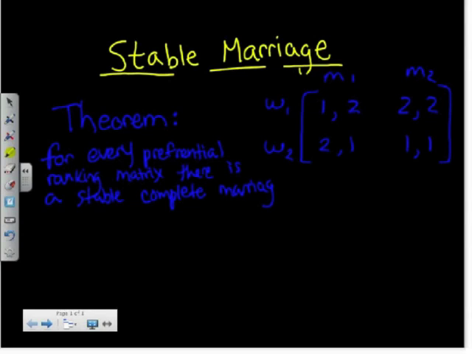So that means given any matrix of any sort, there is a stable complete marriage. So this example over here on the right-hand side also has a stable and complete marriage.